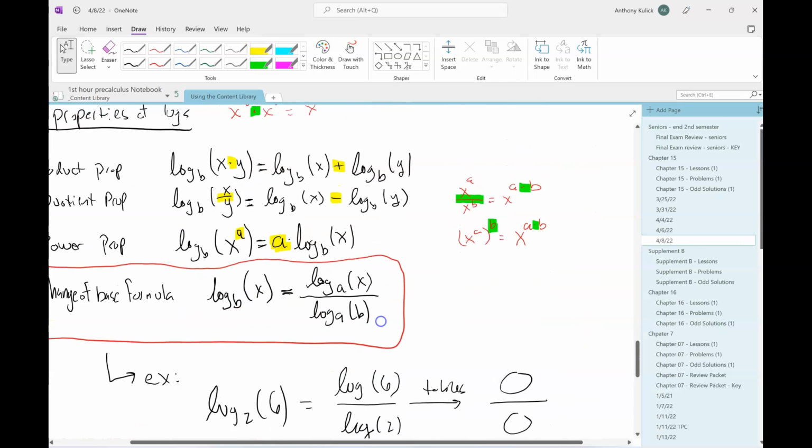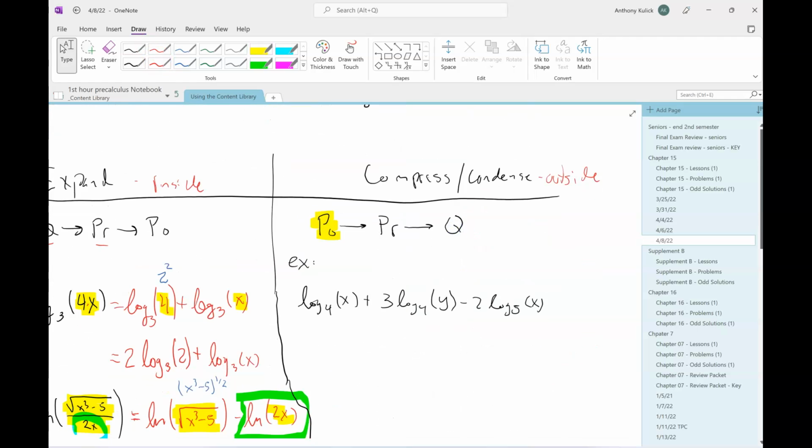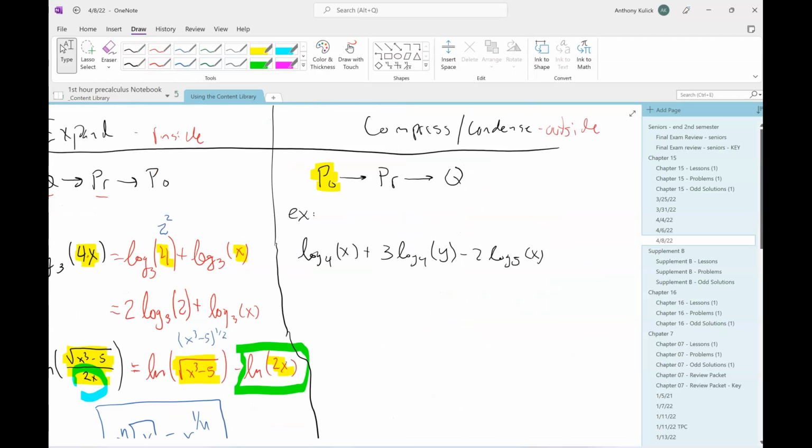If I look at a power property, what I'm looking for are coefficients, right? That's what's happening outside the logarithm to cue me for a power property. So if I go back to my problem, do I see any power properties? Yes. I see a coefficient here and a coefficient there.